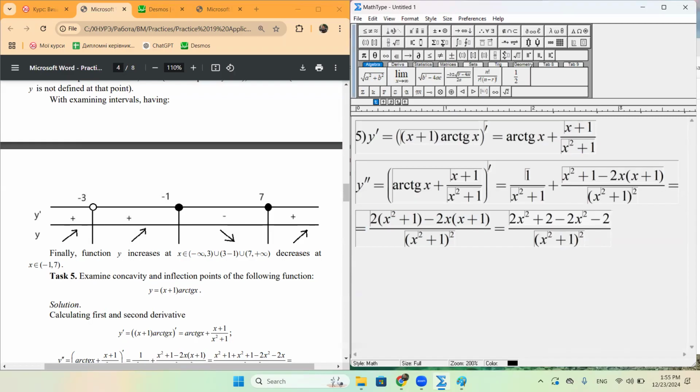Stop. Something is incorrect. Minus 2x. Yes. So now it's simpler. Eliminating 2x square, we will just receive 2 times 1 minus x.